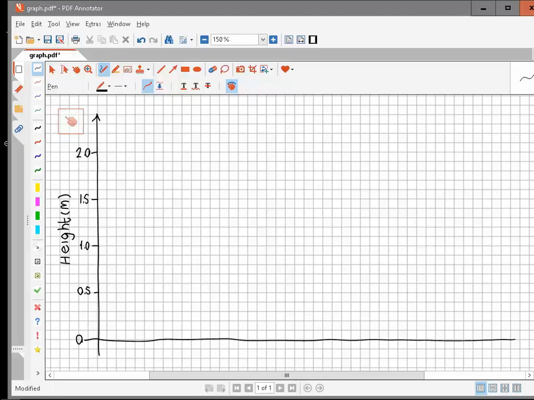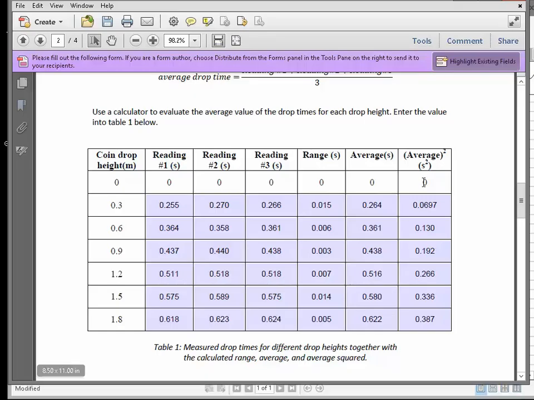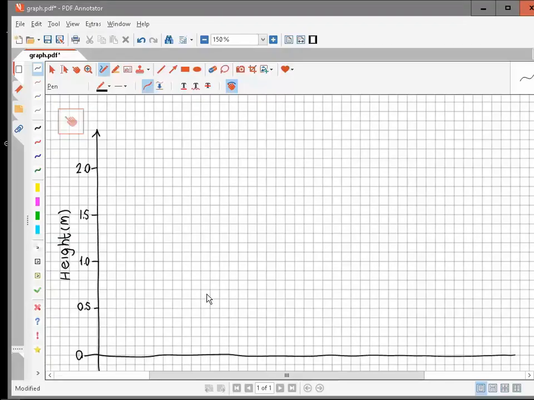Now for the x-axis, we know before that there are roughly 40 squares on the x-axis. And the range of values that we need to plot are from 0 to 0.387, which is roughly 0.4. So we have 40 squares, and we need to plot a range of 0 to 0.4.